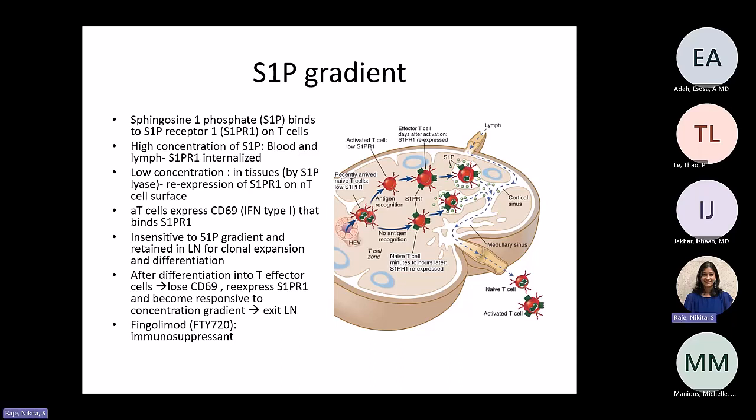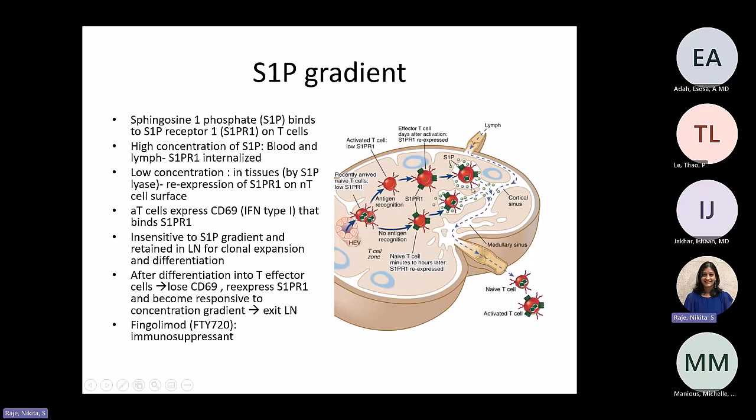In those situations, there is re-expression of S1PR1 on the naive T cells. So whenever they have the S1PR1, they are moving towards the place where they can find S1P.